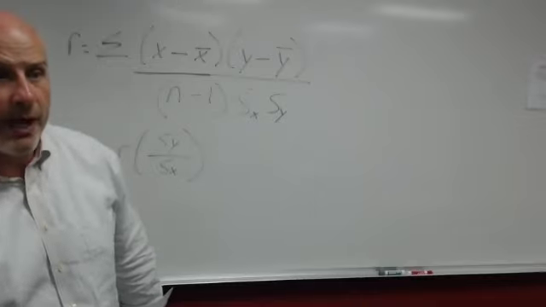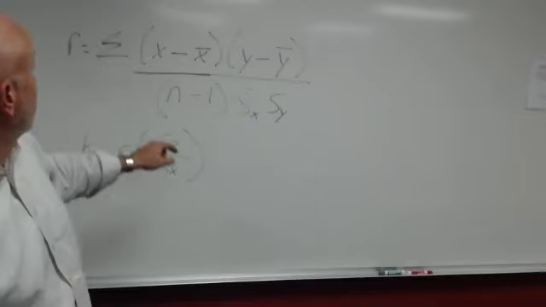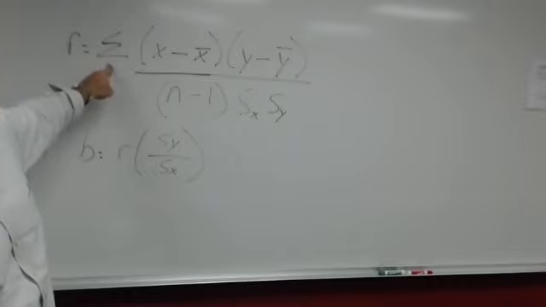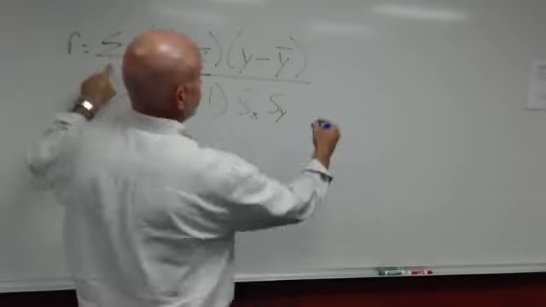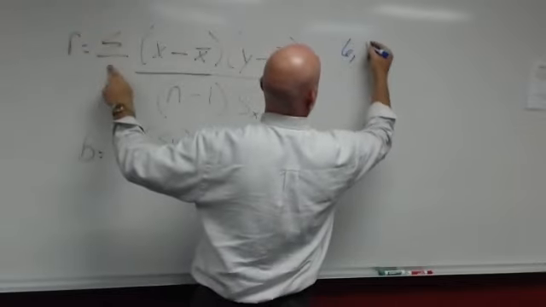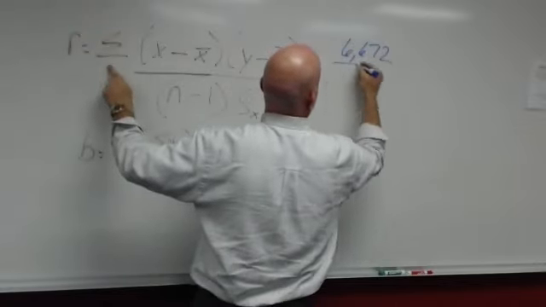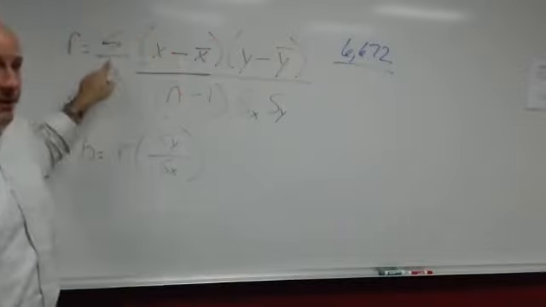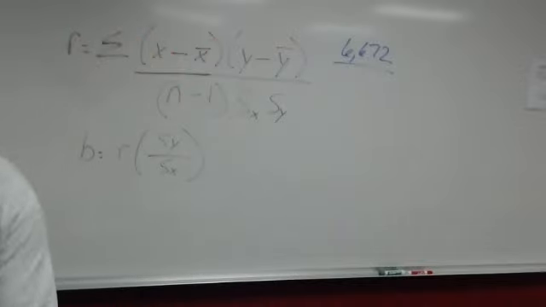Look on the far right column. The sum, 6,672. Now, if that's not given to you, how are you going to solve for that? You would have to build that chart on table 13.